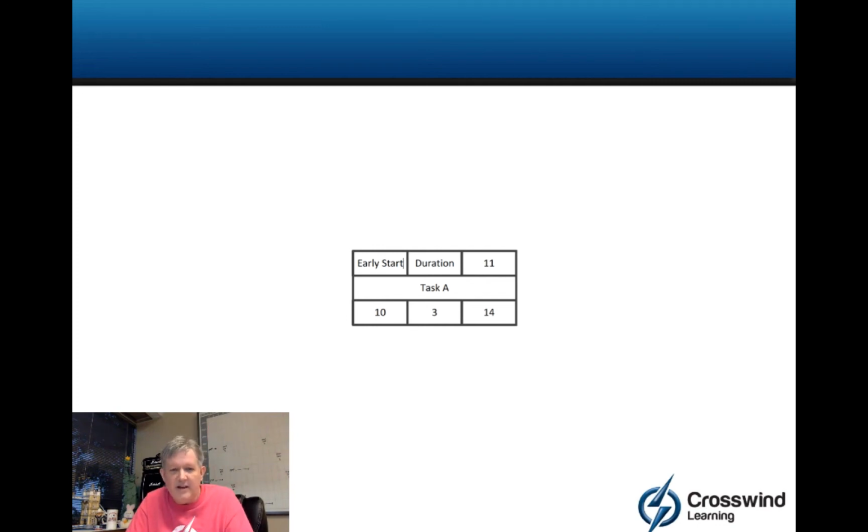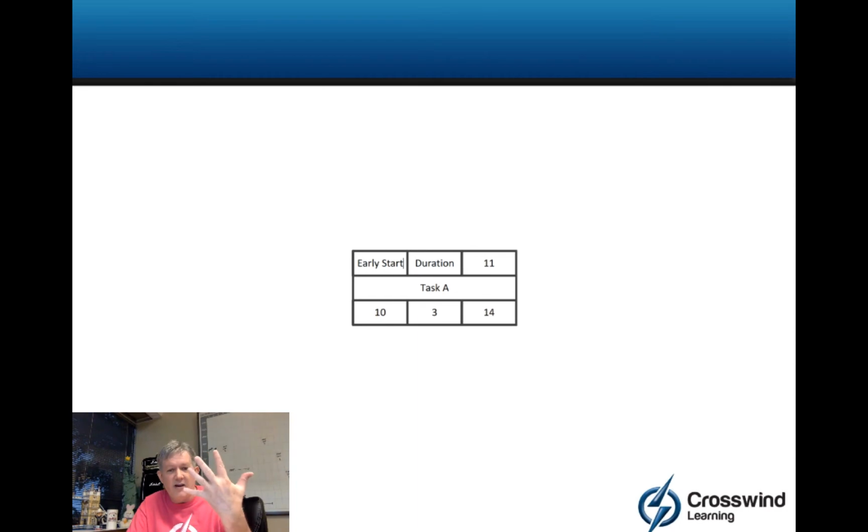Now that said, how could I get my duration? Well, if I have the 7, which I just calculated, I can now go 7, 8, 9, 10, 11, gets me 5 days. Or I could take 10, 11, 12, 13, 14. That would tell me I have a 5-day duration, and I could get my early start by going horizontal.